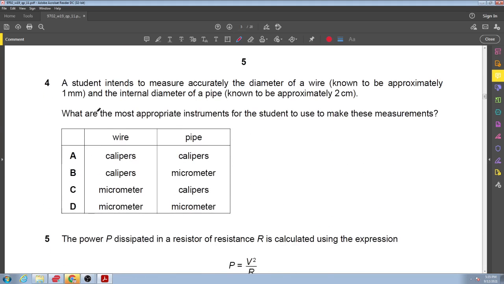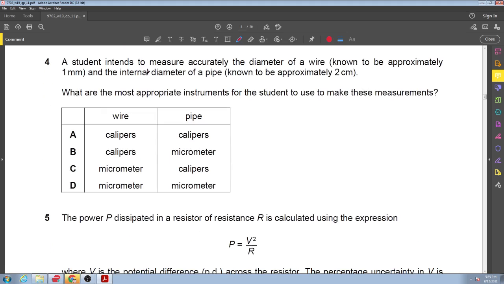Now question number 4, they said a student intends to measure accurately the diameter of a wire known to be approximately 1 millimeter and the internal diameter of a pipe known to be approximately 2 centimeter. What are the most appropriate instruments for the student to use to measure these?